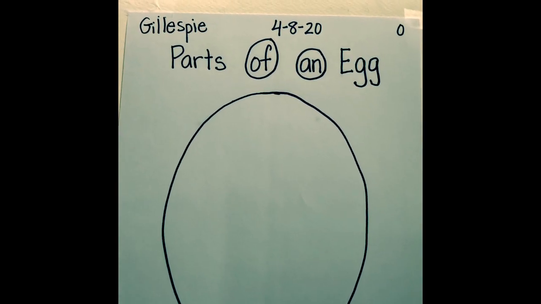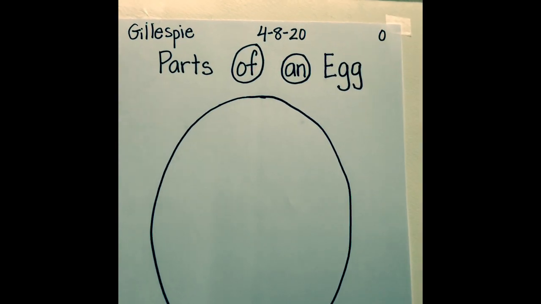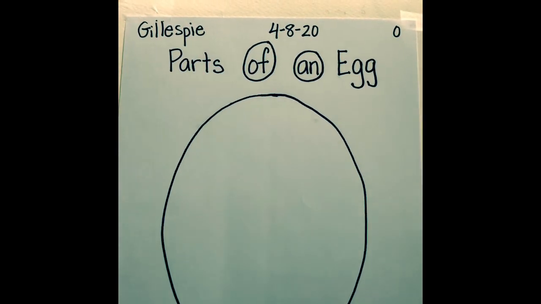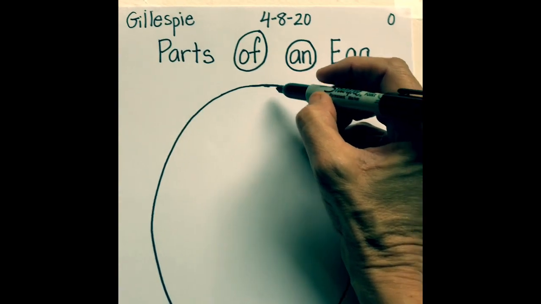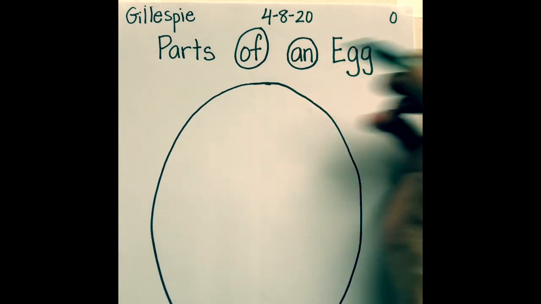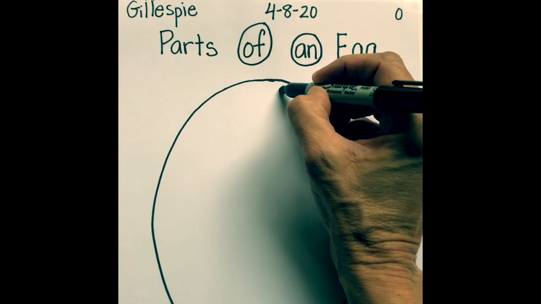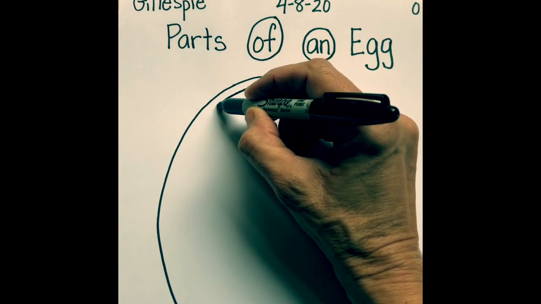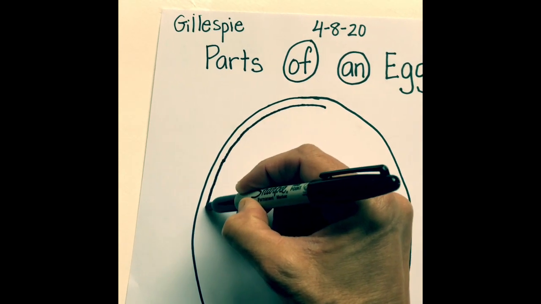All right. An egg has different parts inside of it. The next part we're going to be drawing is the membrane, which is inside of the egg. What we're going to do is just copy the oval shape, but inside, and keep it close to the other line that we drew.